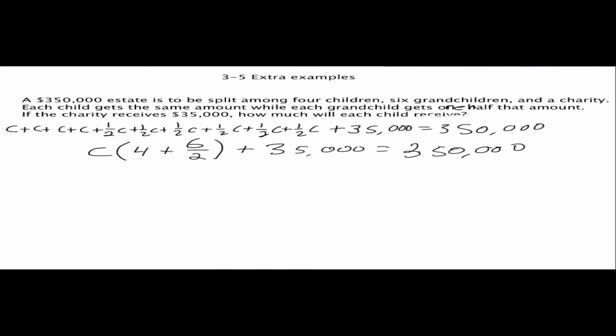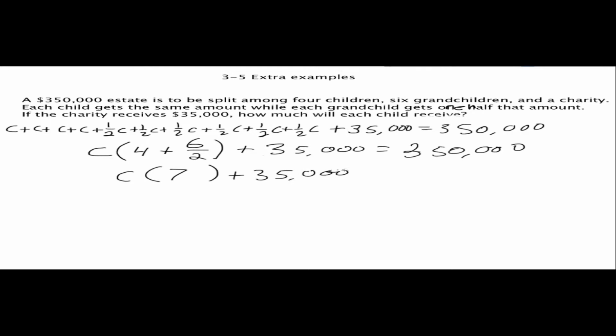Now I want to combine these. 2 goes into 6 3 times, and 3 plus 4 is 7, so that would be C times 7, plus $35,000. And now we're in the form that we've solved before.